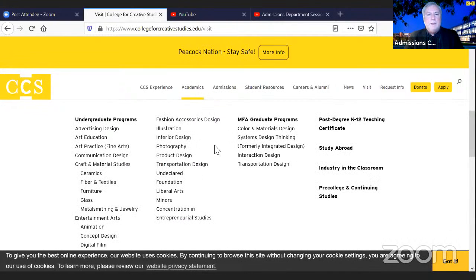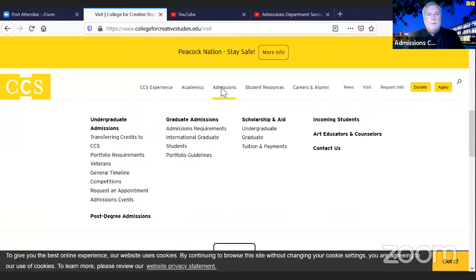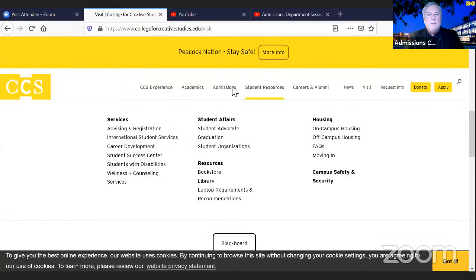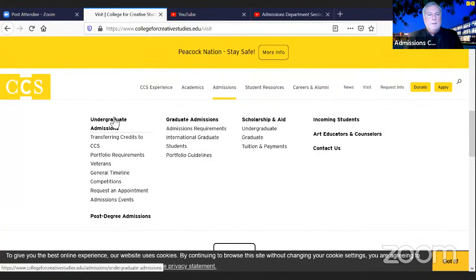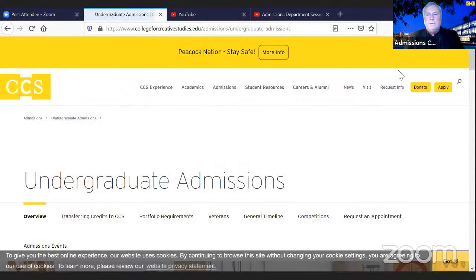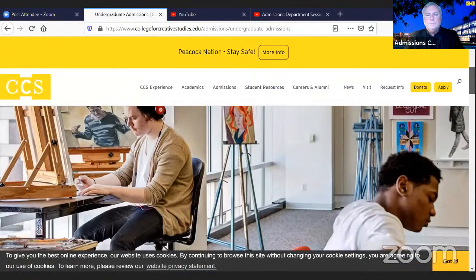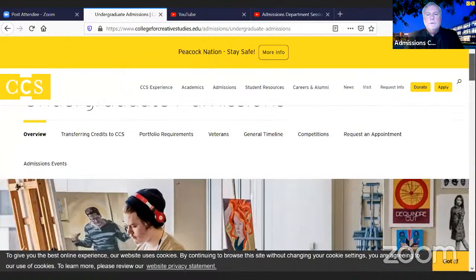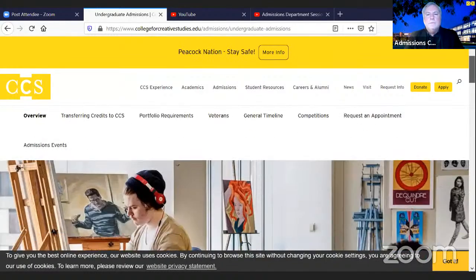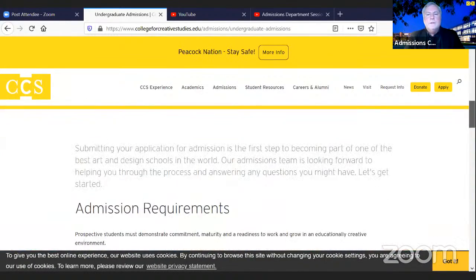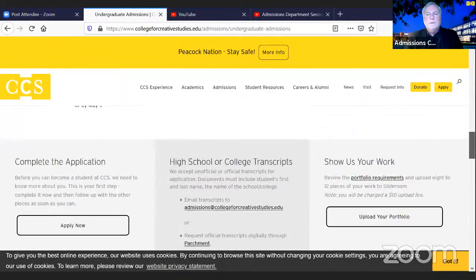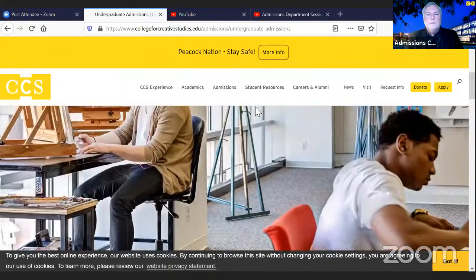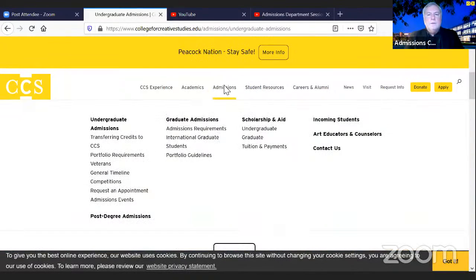If any of you have any questions at all about the application process, by the way, go back again to undergraduate admissions. Oh, there it is, behind the box.